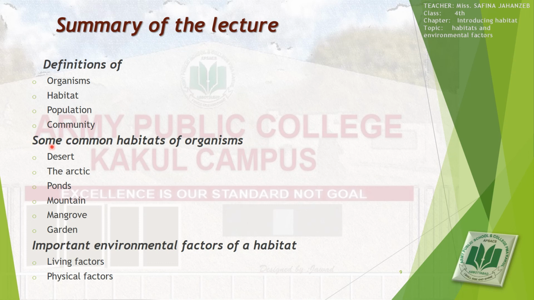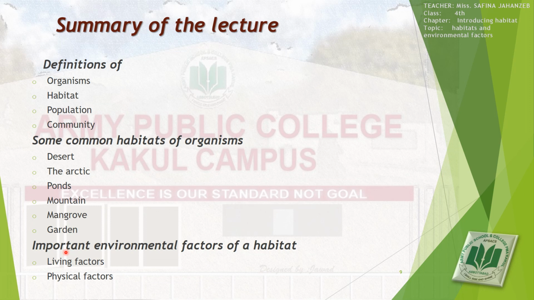Afterwards, we discussed some common habitats of organisms. The first one was desert habitat. Then we discussed the Arctic habitat with an example. The further common habitats of organisms are pond habitat, mountain habitat, mangrove habitat and garden habitat.